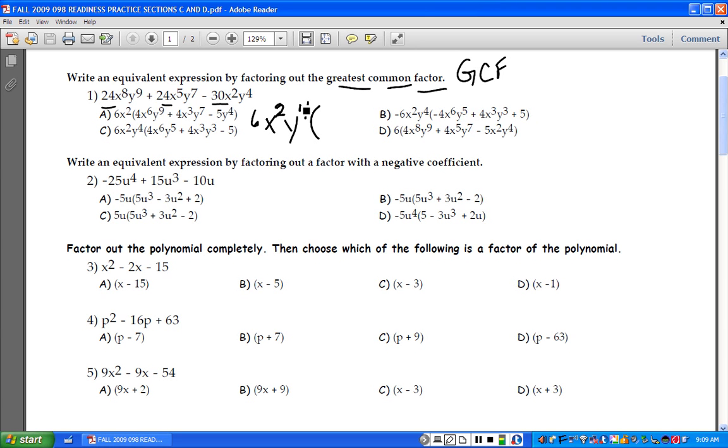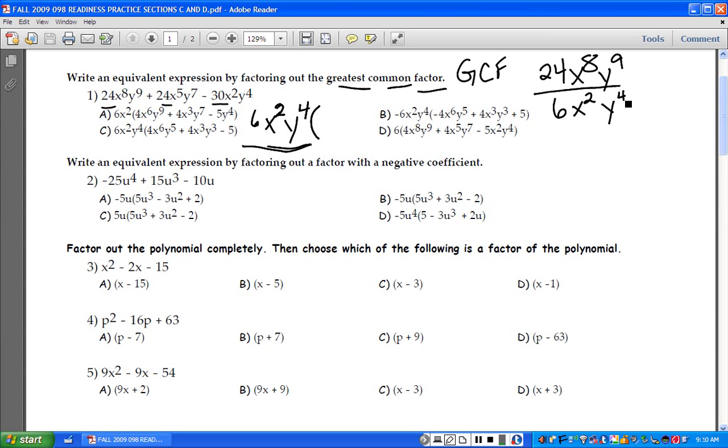Basically, if we had 24x to the 8th y to the 9th, and we wanted to divide it by what we're pulling out, 6x squared y to the 4th.